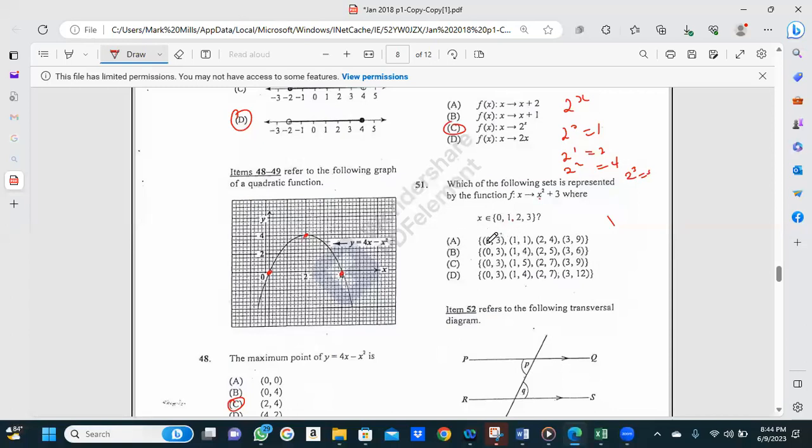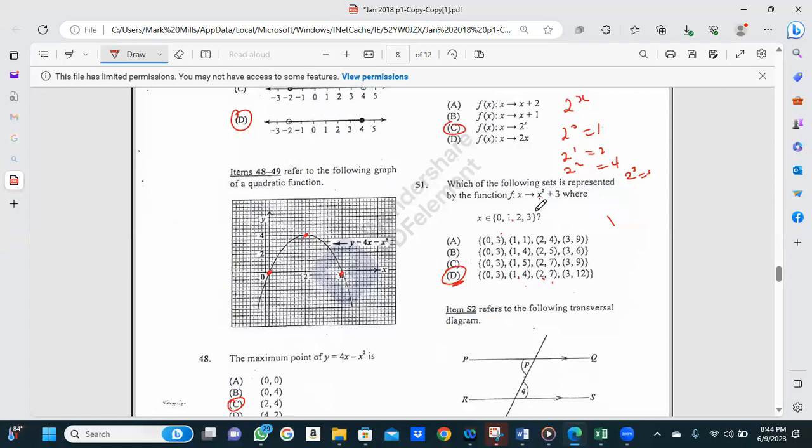So it's not A. Let's go to B. 1, 0, 3; 1 gives me 4. When I put 2 here, 2 squared gives me 4, then that gives me 7. So it's not this and that, right? So let's check D. 0 squared gives me 0 plus 3 gives me 3. 1 squared gives me 1 plus 3 gives me 4. 2 squared gives me 4 plus 3 gives me 7. 3 squared gives me 9 plus 3 gives me 12. So the answer is D.